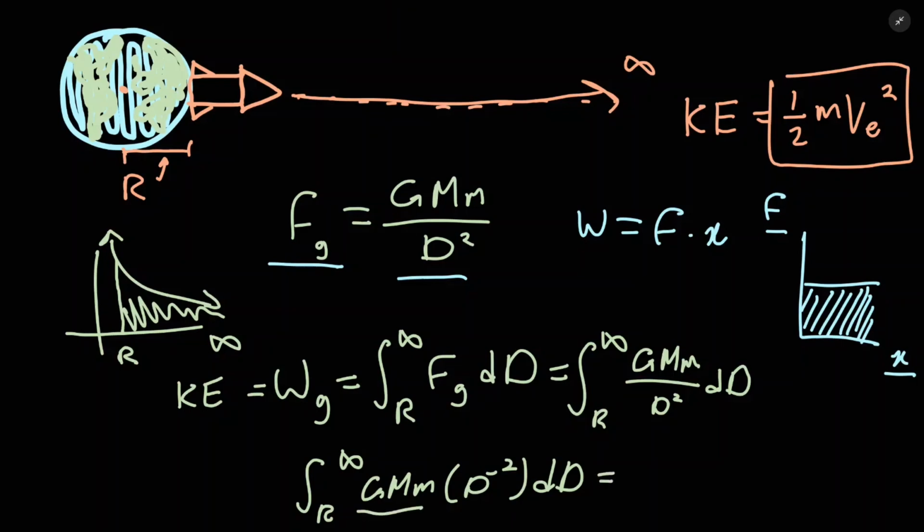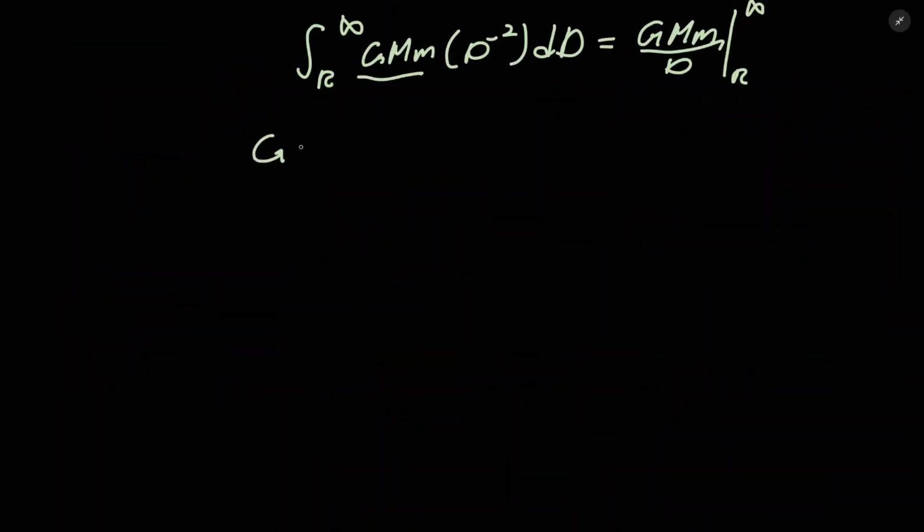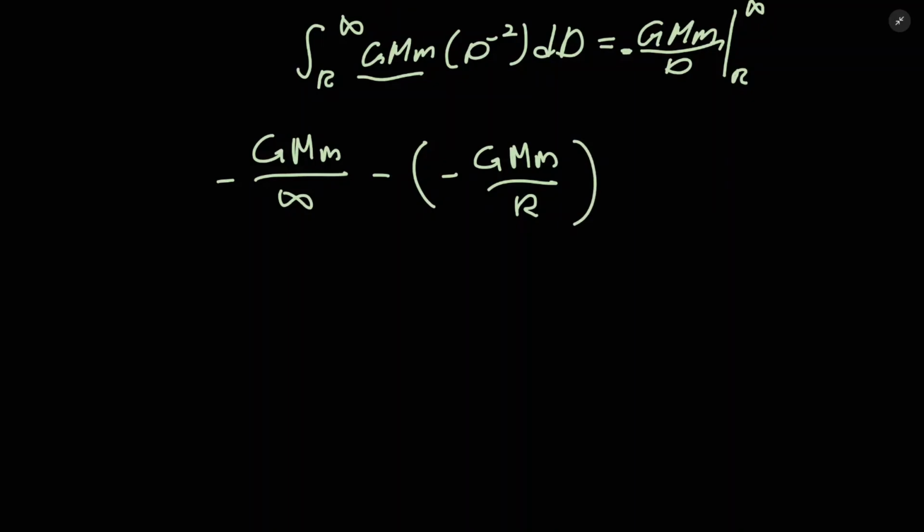Remember, these are constants, so this is going to give G M m over d evaluated at the radius and infinity. And this is just going to give G M m over infinity, and I forgot a minus sign, remember, the negative carries, so that's a minus, negative G M m over r, like such.